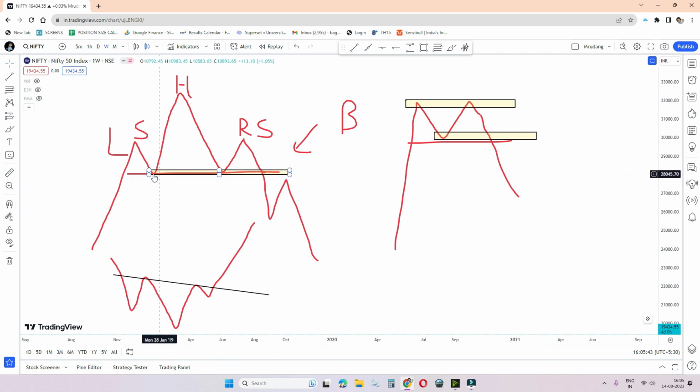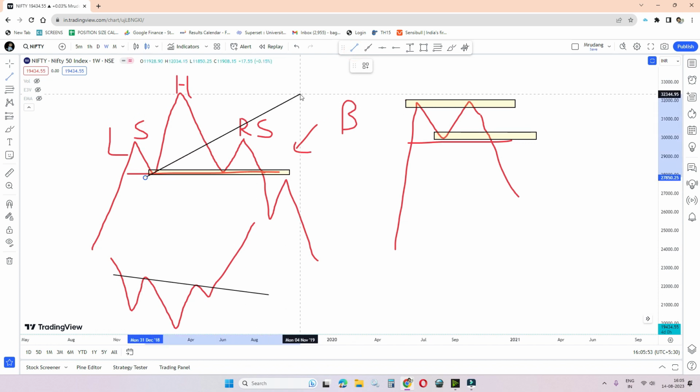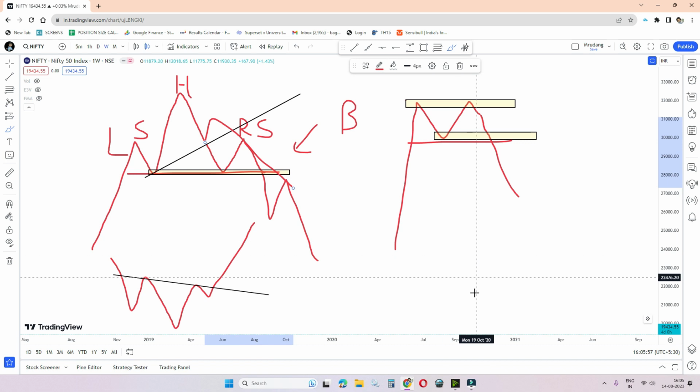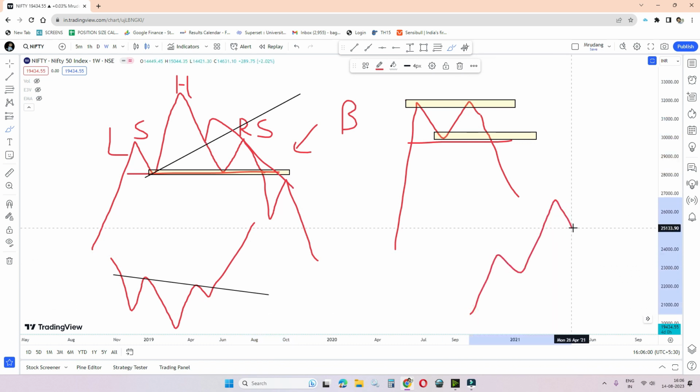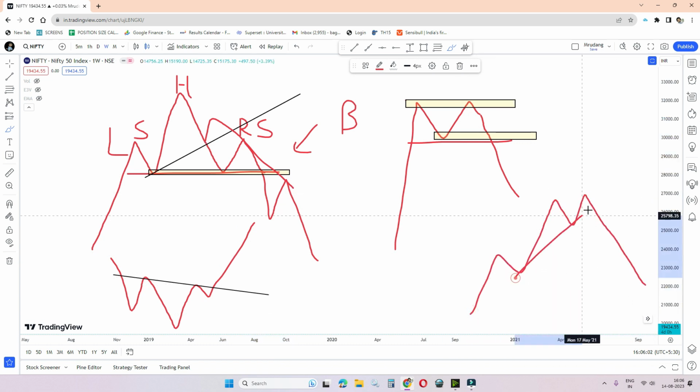Not only a horizontal level, but a trend line, a slanting line, can also become a support or resistance zone. It can also look like this, something like this. So this is also a head and shoulder pattern. We just have to train our eyes so that we can spot the patterns anywhere.